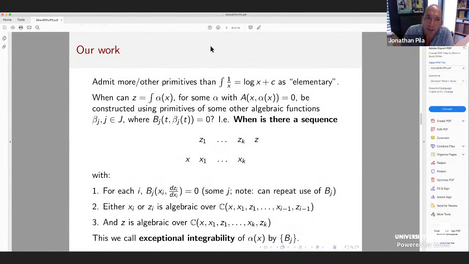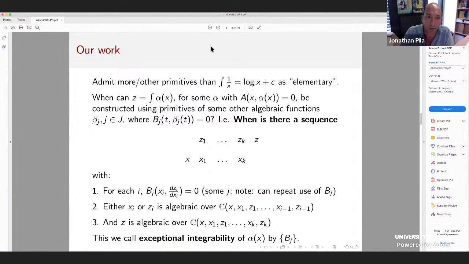So our work is in a somewhat different direction. So what we want to do is, if you like, admit more or different primitives other than the logarithm as the primitive of 1 over x as elementary.